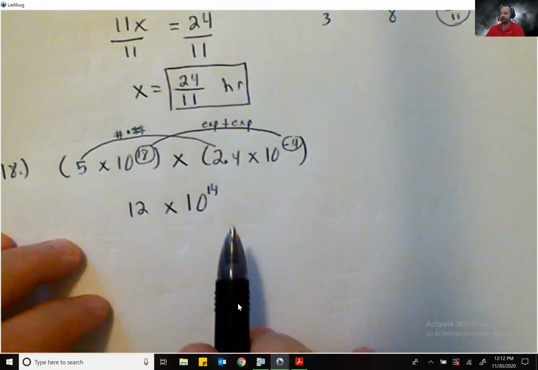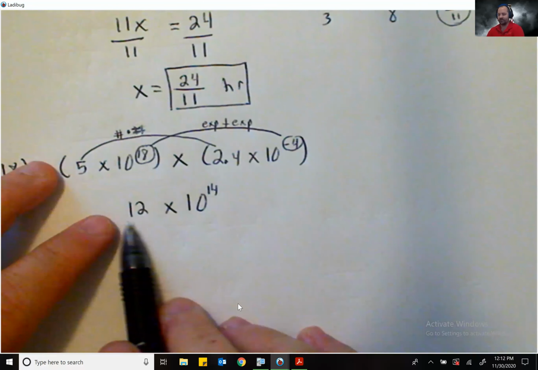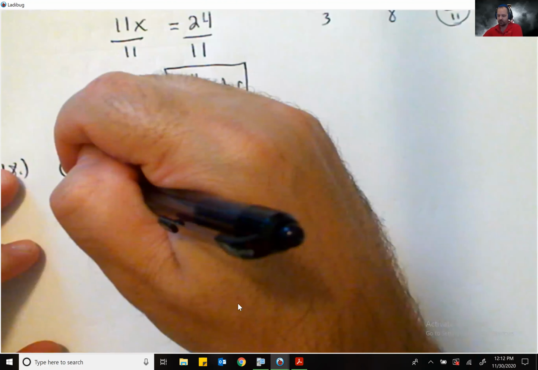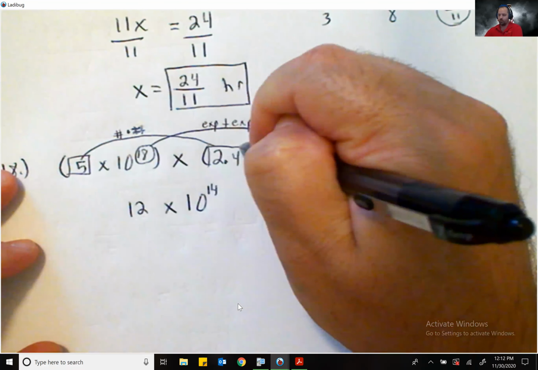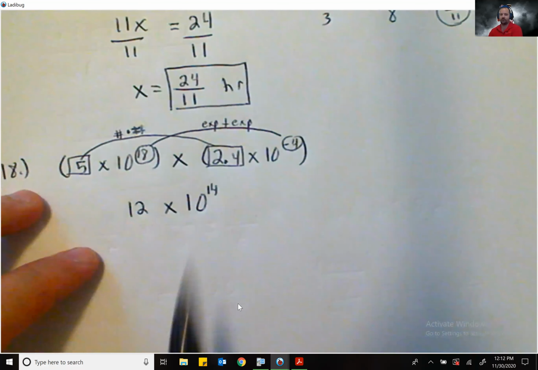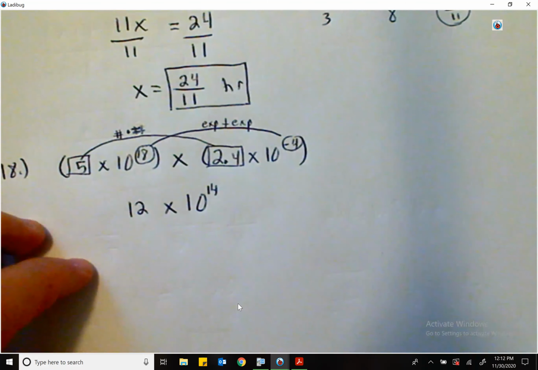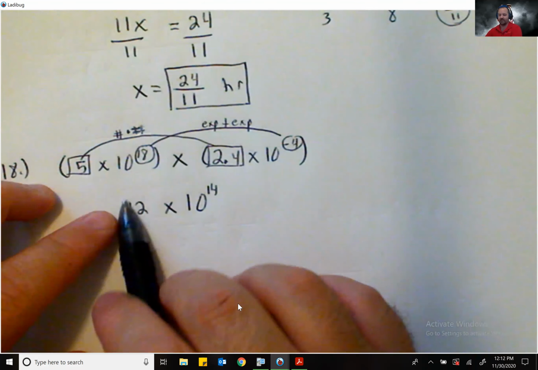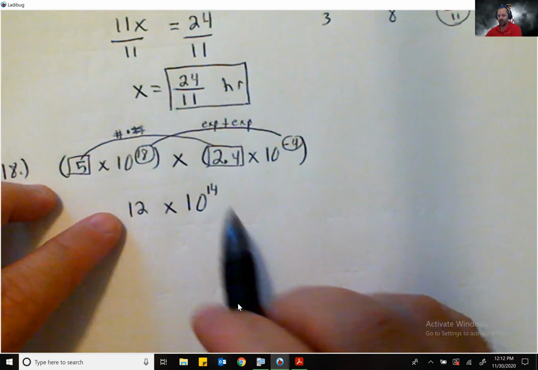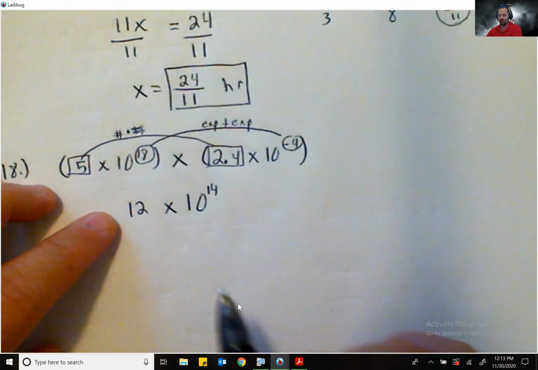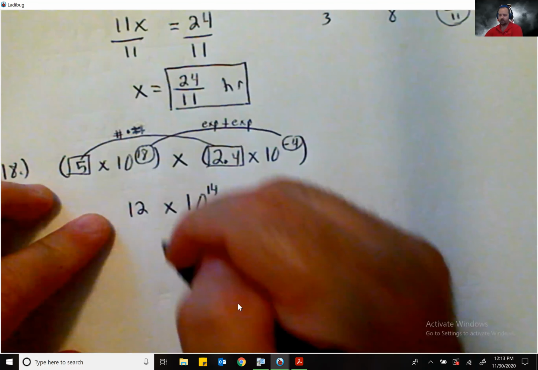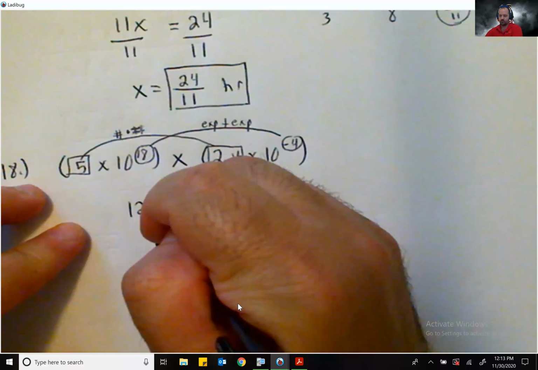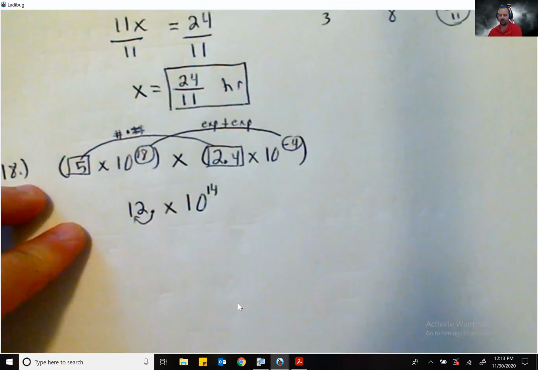Now, before you can finish, you got to make sure that this is still in scientific notation. So are we still in scientific notation with 12 times 10 to the 14th? No. Because remember, this number right here has to be between 1 and 10. So what do we got to do? Take our decimal and move it one place to the left.